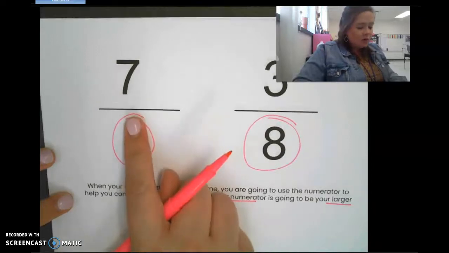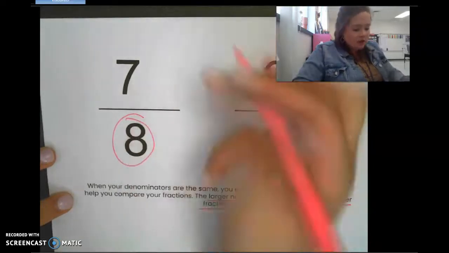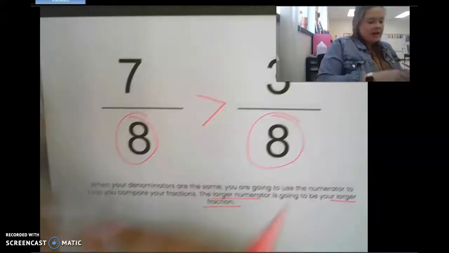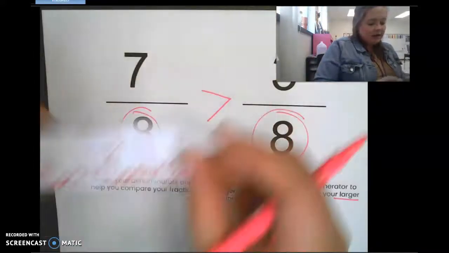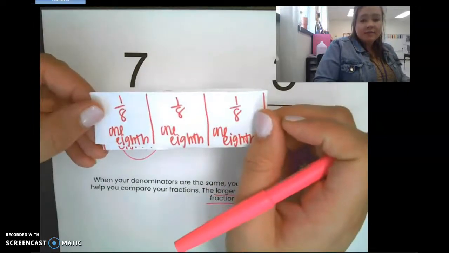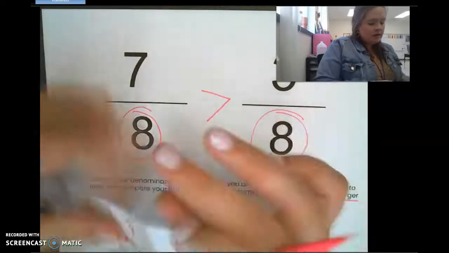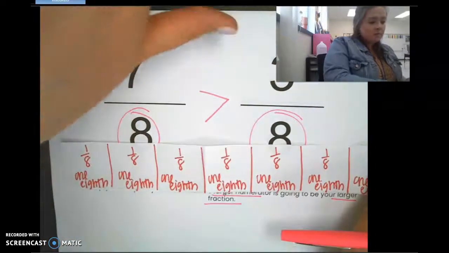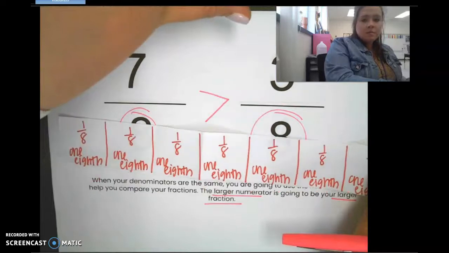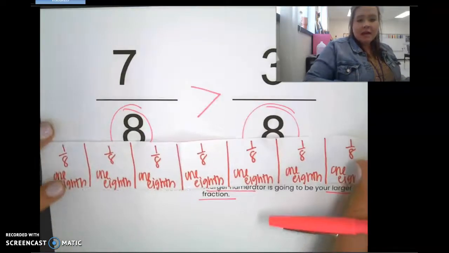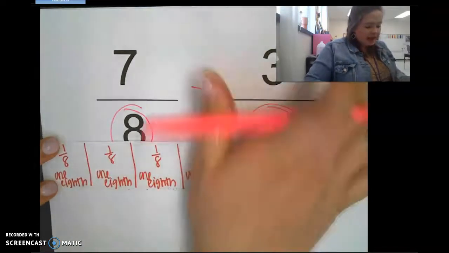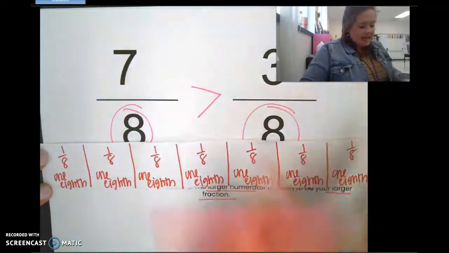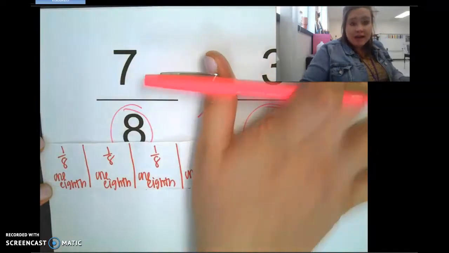The larger numerator, 7/8, is going to be greater than 3/8. This is 3/8. That is 7/8. Okay, this whole thing is 7/8, and just that part is 3/8. You can tell that 7/8 is more than 3/8. Okay?